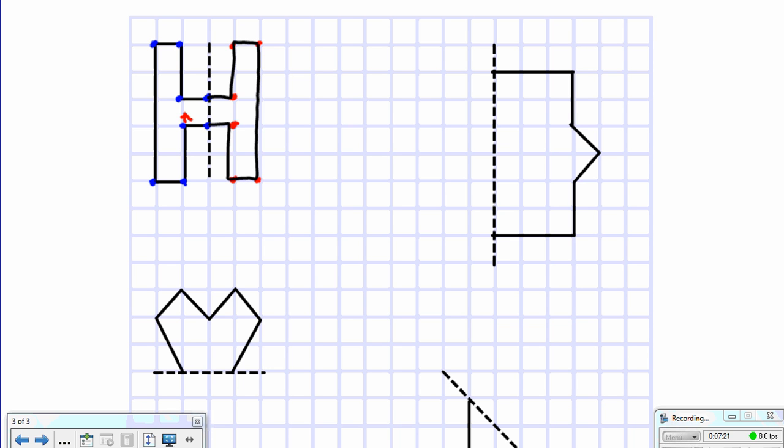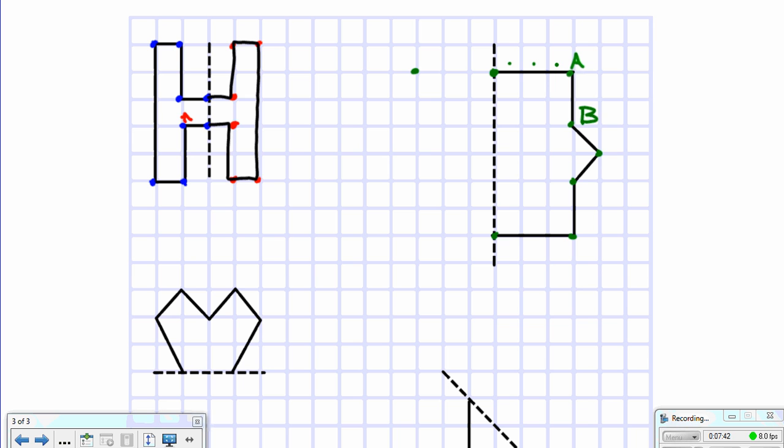When it's a familiar shape, it can be a lot easier. When it's an unfamiliar shape, it can be a little bit trickier. So when I move to the second shape, I'm going to count dots again. So dot A is 1, 2, 3 squares away to the right. So to make dot A1, I'm going to go 1, 2, 3 squares to the left.